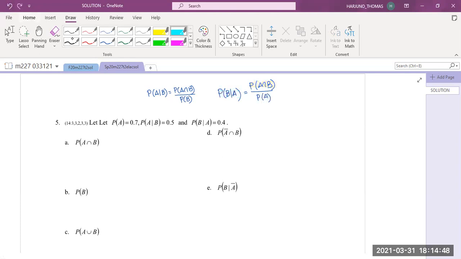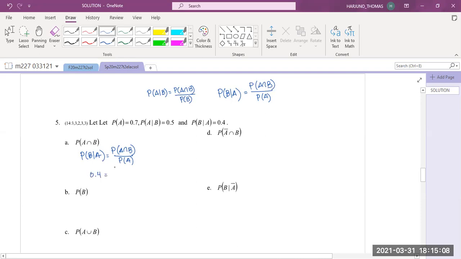Probability of B given A is equal to probability of the intersection over probability of A. I plug in numbers. Probability of B given A is 0.4 equals probability of the intersection over probability of A, 0.7. So the probability of the intersection of A and B, you multiply both sides by 0.7. That's 0.28.